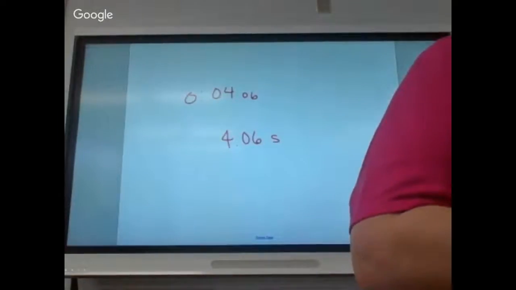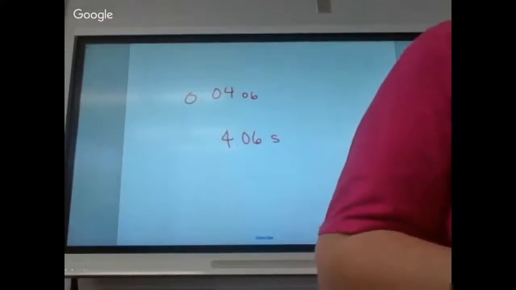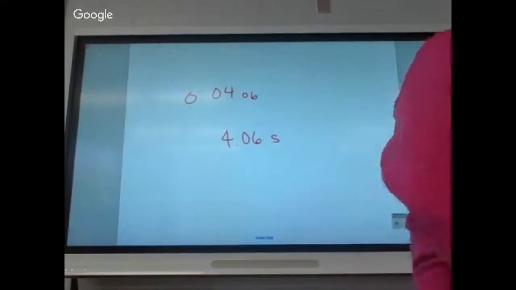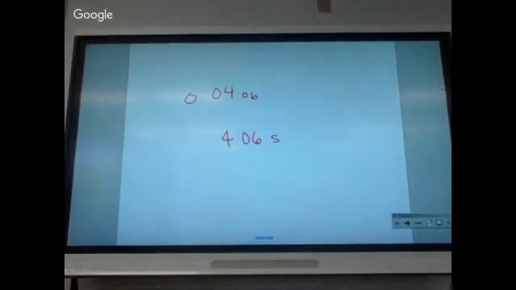Add up all the distances and then divide them by 5. And then add up all the times and divide those by 5. Apparently you two really disagree. No, it was me. I was right.